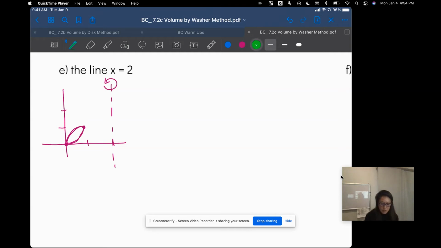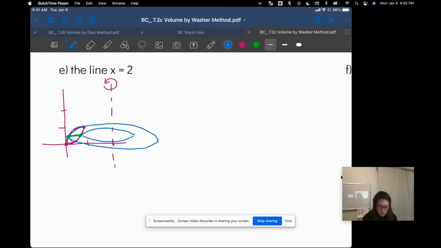So because we're going to rotate around a vertical line of rotation, I need to cut my shape up horizontally, okay, or with horizontal slashes. So this outer curve will curve around like this, create one circle, and then the inner curve will go like that to create one section of the washer.